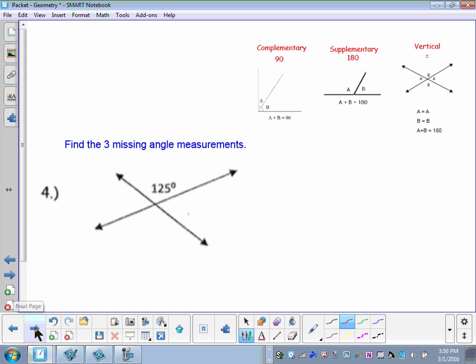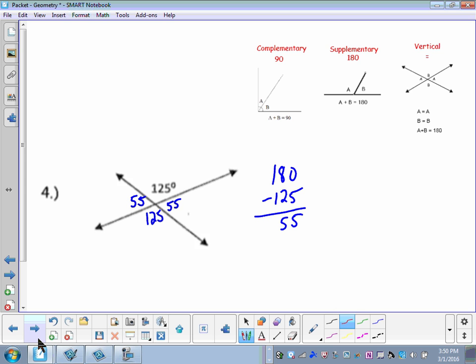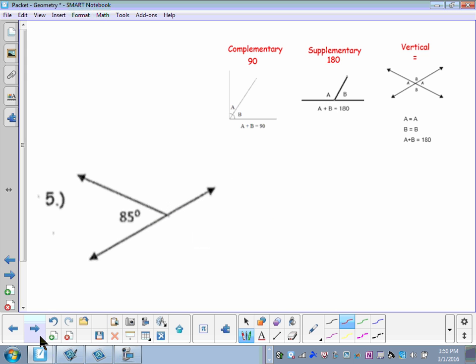Number 4. Keep in mind when you solve number 4, you're finding 3 missing angles. There are 3 angles here, not just one, that you need to find. Number 5.